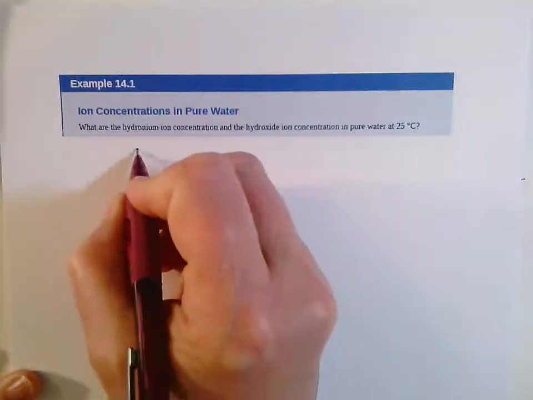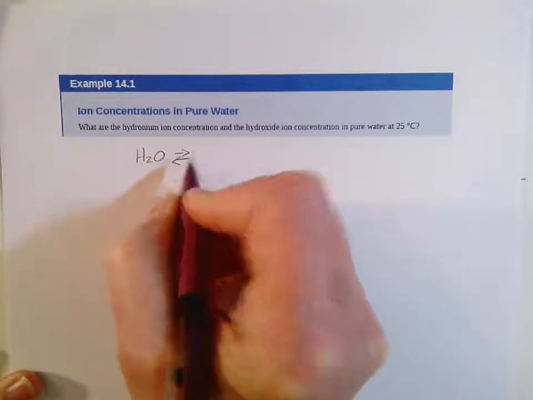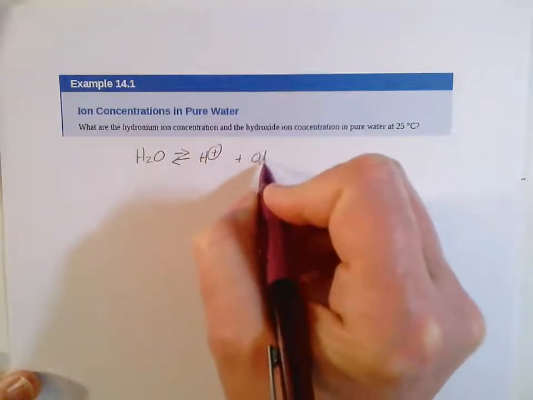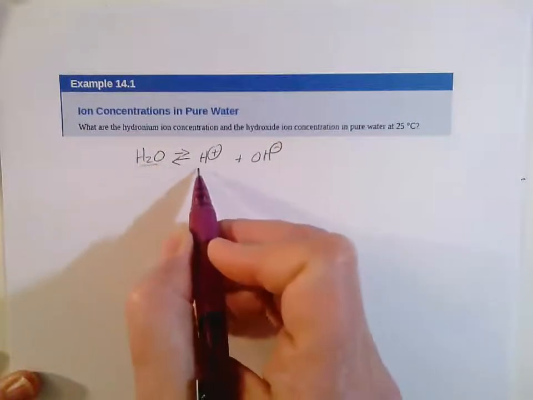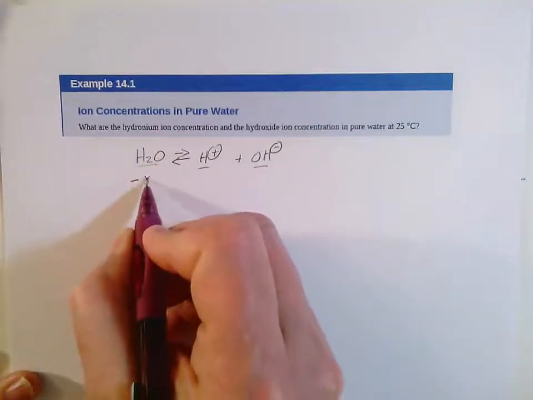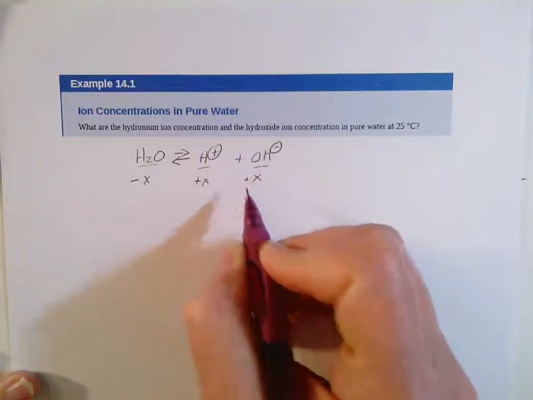When we have pure water and it dissociates into hydronium and hydroxide ion concentrations, one of these gives me one of those and one of those. So if I lose X here, I would gain 1X here and 1X here.